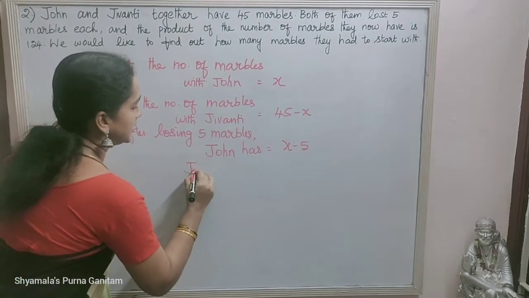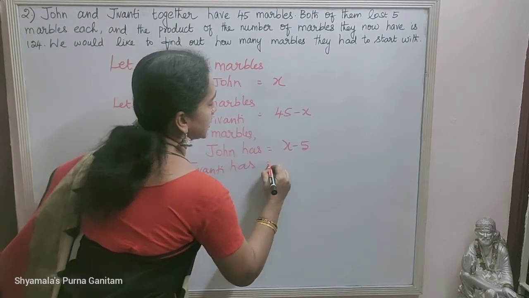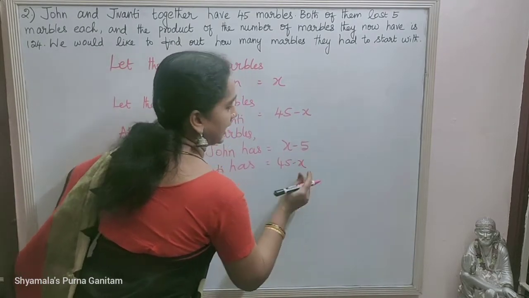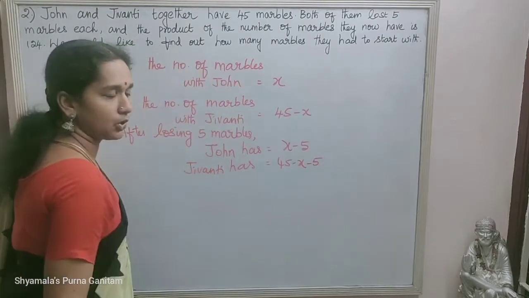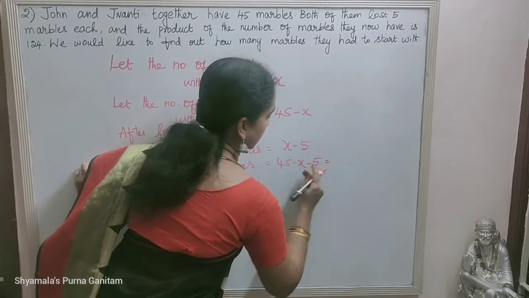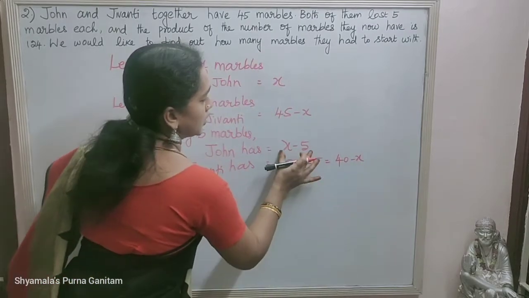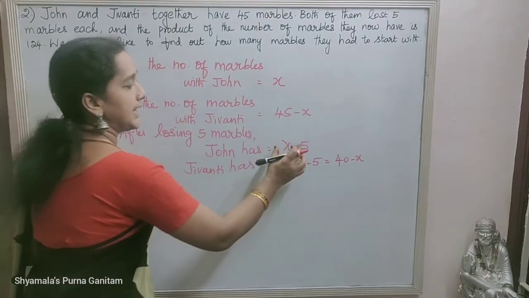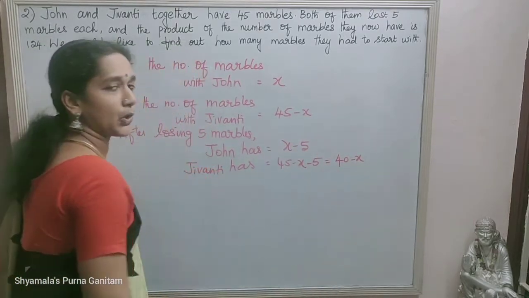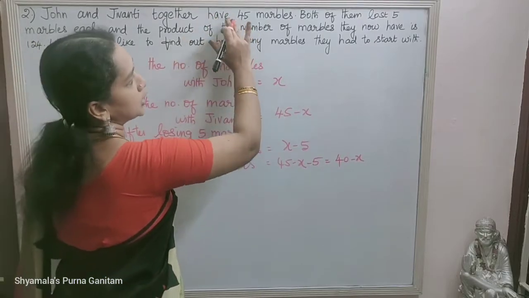Then Jeevanti has 45 minus x, minus 5. Okay, so when you simplify this, what do you get? 45 minus 5 is 40 minus x. So this is the present number of marbles both have. One is x minus 5, the other one is 40 minus x. So we got the condition for both the statements.